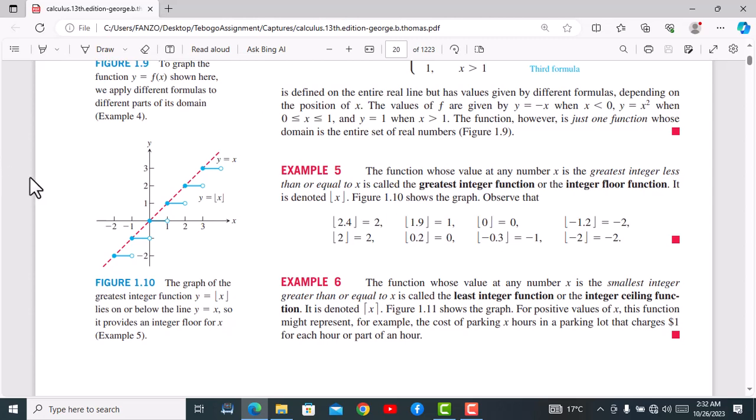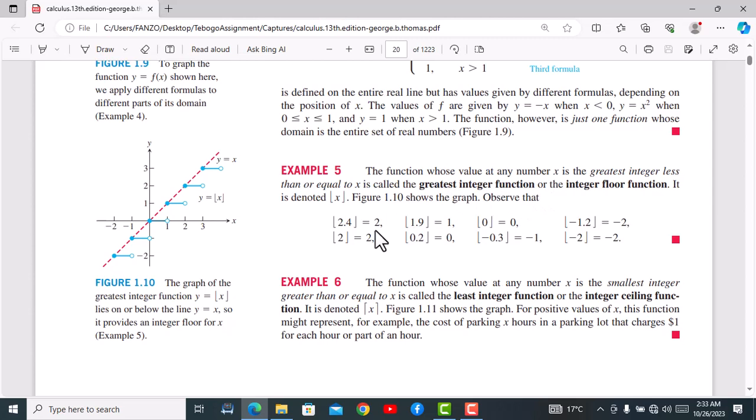The function whose value at any number x is the greatest integer less than or equal to x is called the greatest integer function, or the integer floor function. It is denoted by these brackets. Figure 1.10 shows the graph.